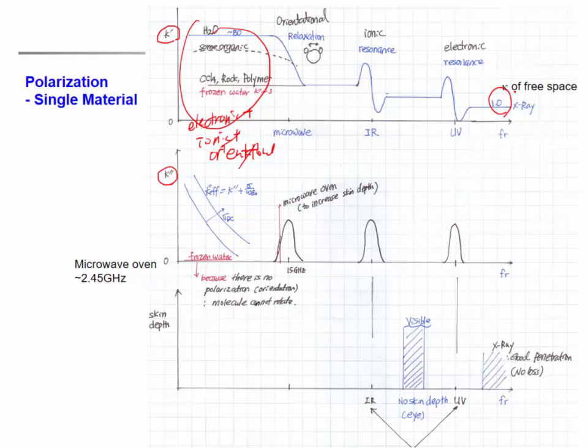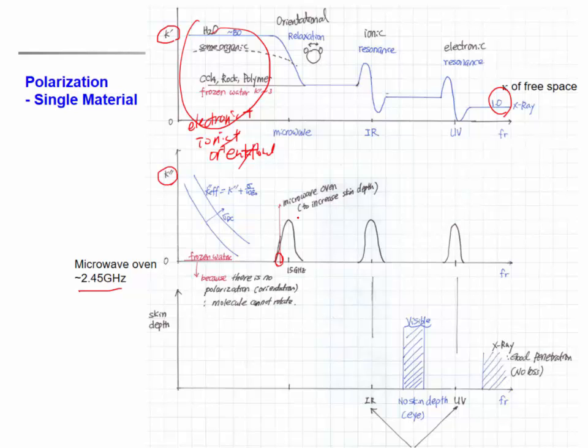Any questions so far? So the microwave oven uses a frequency of around 2.4 gigahertz. That's around this range. Right? And the reason the microwave oven works is because it can rotate the water molecules and make them vibrate, and because of that movement, it releases heat, right?